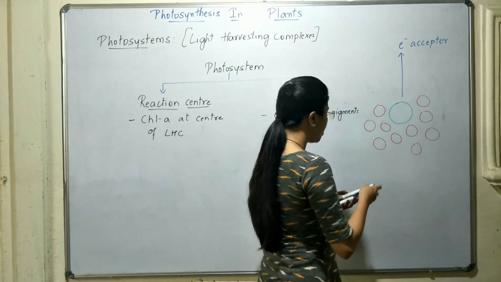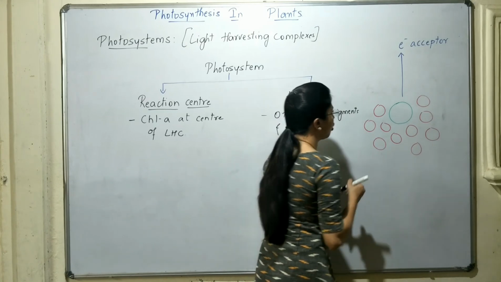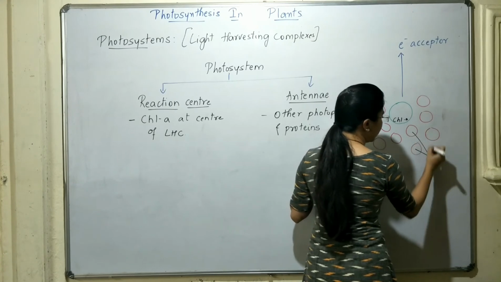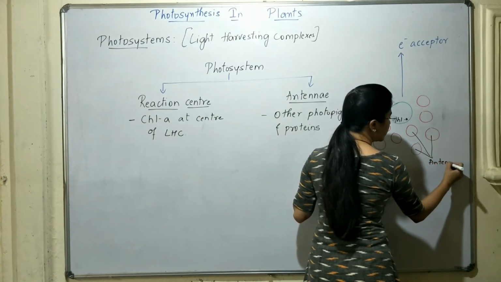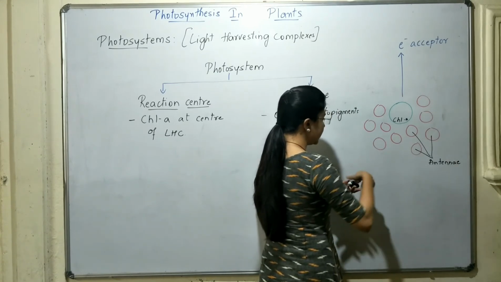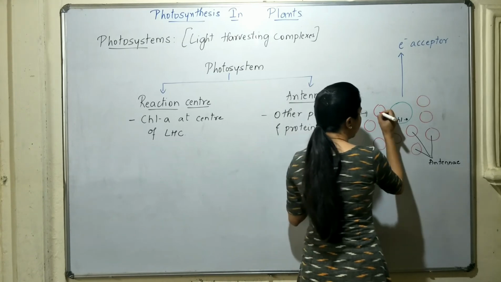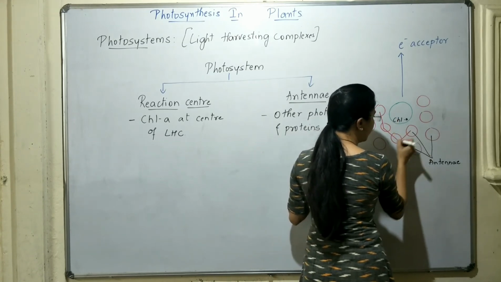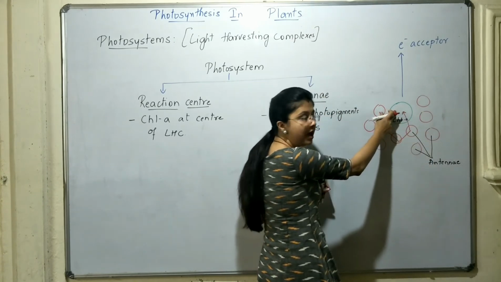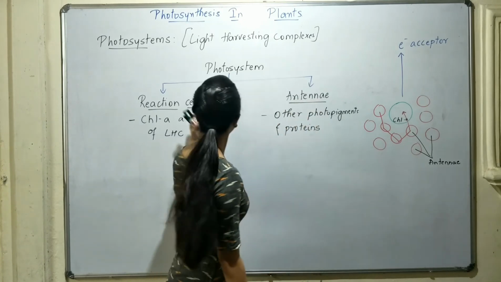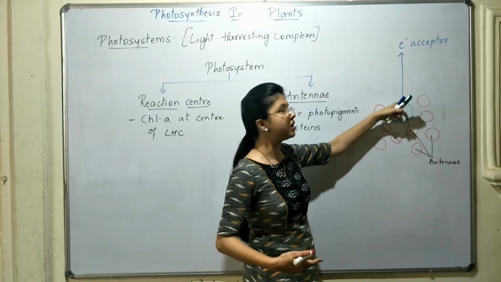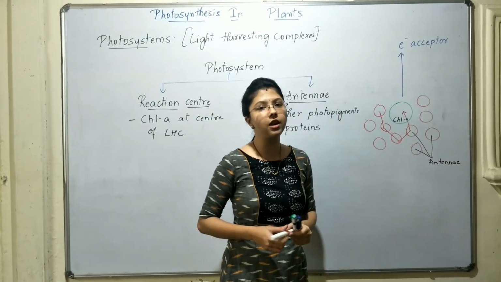So if this is chlorophyll A present at the center, and these are the antennae pigments, the antennae photopigments will absorb different wavelengths of light and ultimately pass it on to the chlorophyll A molecule. The chlorophyll A molecule at the reaction center gets excited and transfers the electron to the primary electron acceptor.